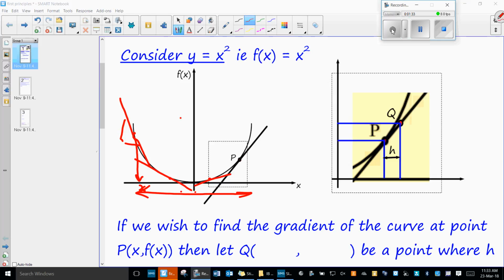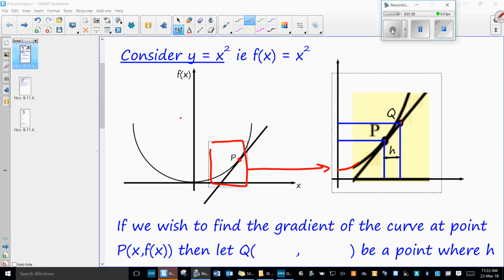All right, so now let's look at this portion here. I'm considering this point P. I've drawn a tangent to P, and then this box here, I've zoomed in on it, and that's what we've got here. So this is my y equals x squared curve, and this line here is my tangent.